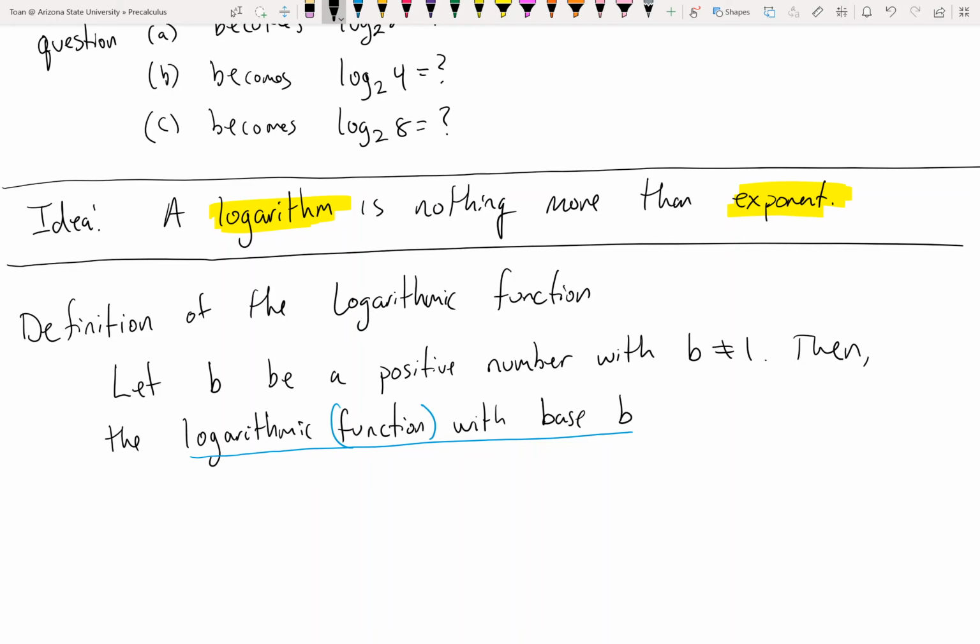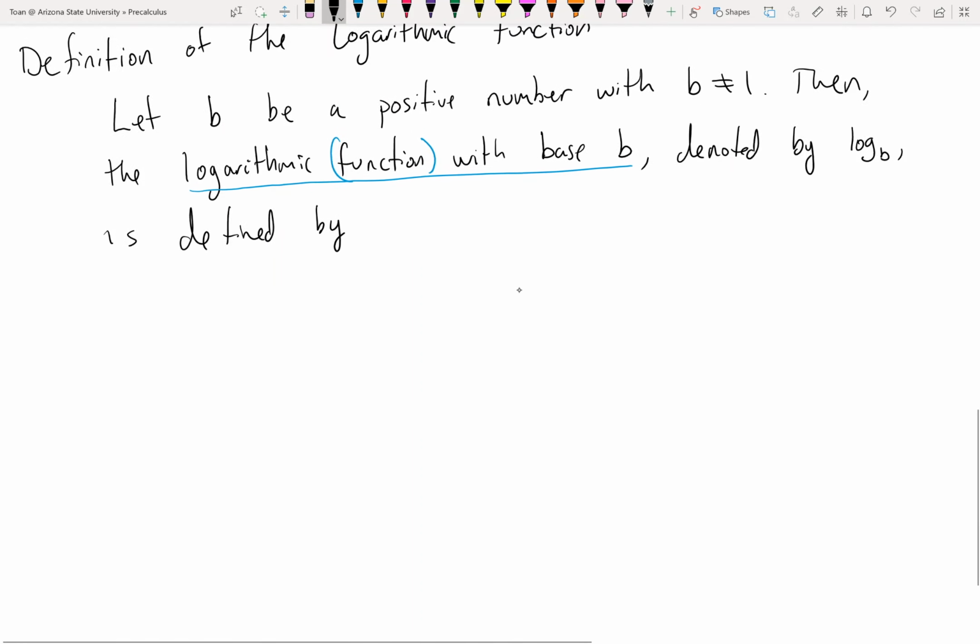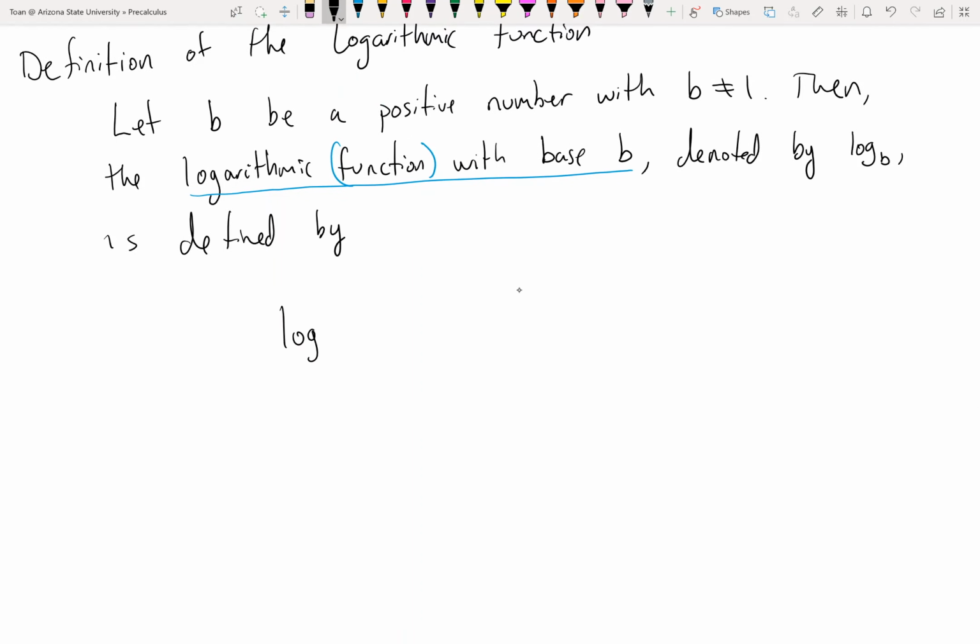The logarithmic function of base b, denoted by log base b, so that's how you write it, is defined by this relationship. Whenever you have log base b of x, that equals another number, y.